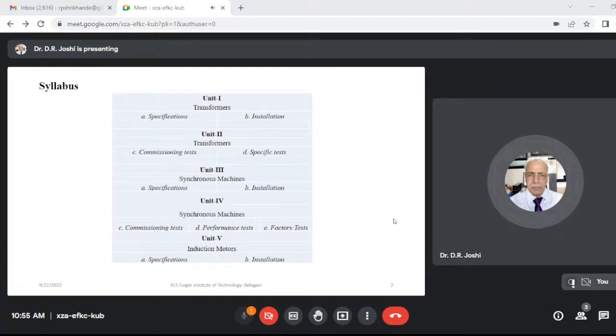This is the crisp syllabus of Unit 1 to 5. Unit 1 deals with transformers, their specifications, how we install a big transformer in industries, and what care we have to take. Unit 2 continues with testing of transformers, the various tests we carry out before the actual commissioning starts, because the transformer is equipment that remains in the system 24/7.